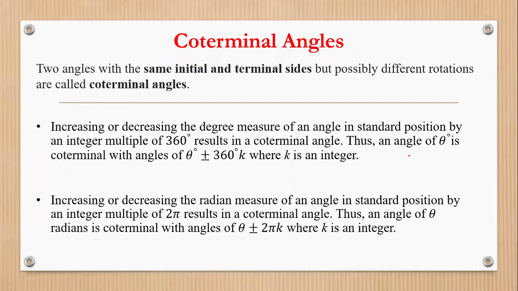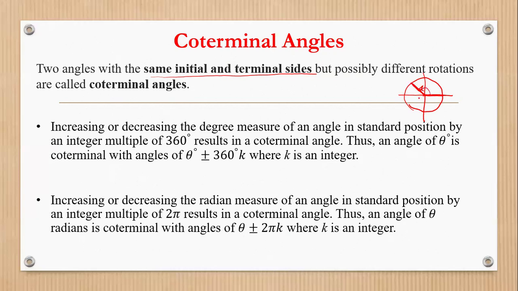Now we want to know what coterminal angles are. Coterminal angles are angles that have the same initial and the same terminal sides. For example, I have a circle and I have an angle over here. That's my initial side, that's my terminal side. That's the angle.